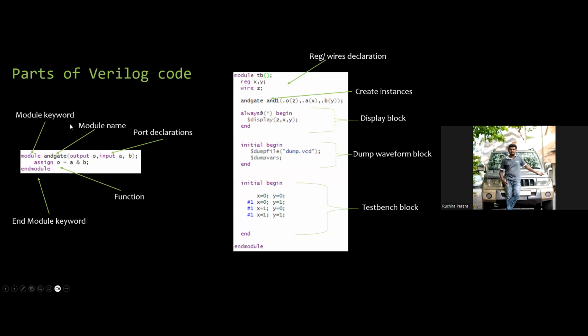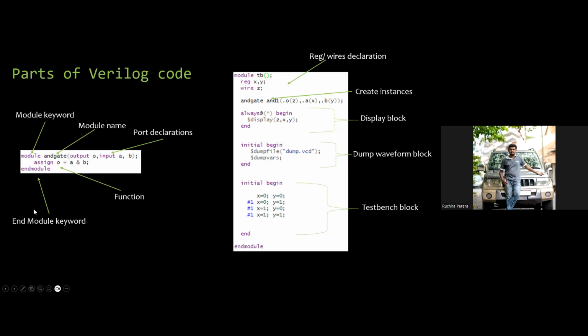This is a part of a Verilog code. We are going to write an AND gate today. Basically, we are going to do a small introduction to Verilog, and then we are going to implement an AND gate using Verilog, and then we will try to simulate it. These are the identifiers, or this is how we identify this code.